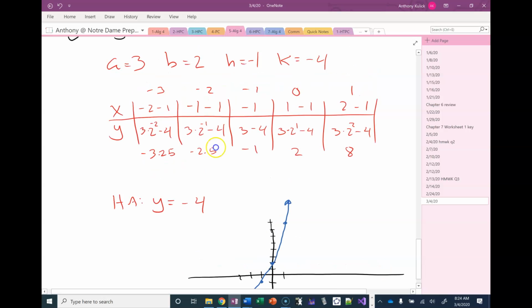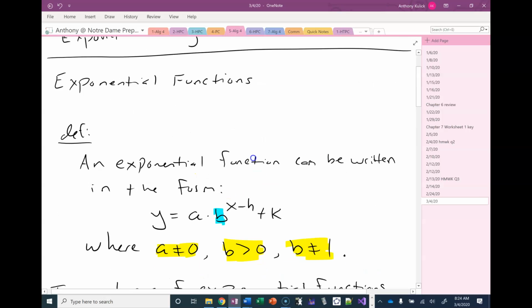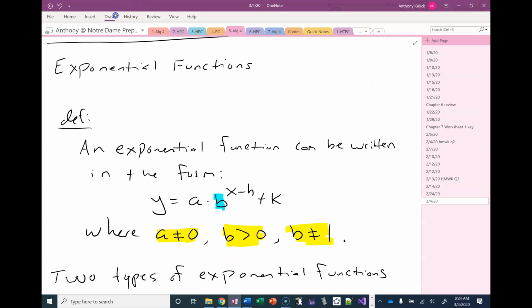So let's go back and think about just our general form of our exponential function. Remember, the domain is all about the x coordinate, right? So I'm going to be looking at what values of x can I plug into a function that looks like this and still get an answer back.